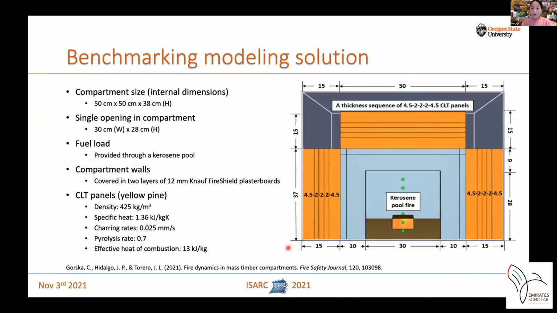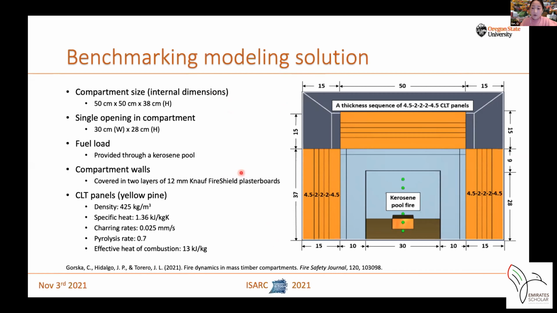In this paper, the first step of the modeling approach is to develop a one-to-one FDS numerical scenario benchmarked with a small-scale compartment fire test conducted by Gorska et al. This figure illustrates the numerical scenario developed in Pyrosim with specific internal dimensions.